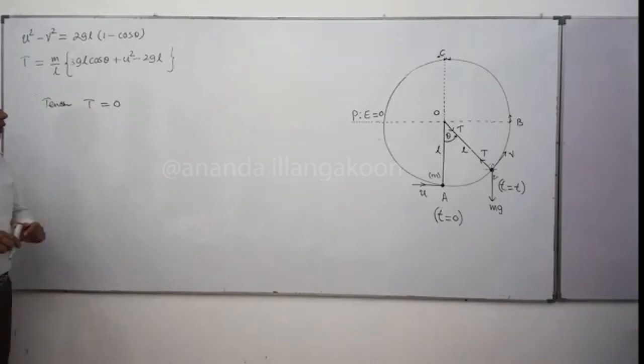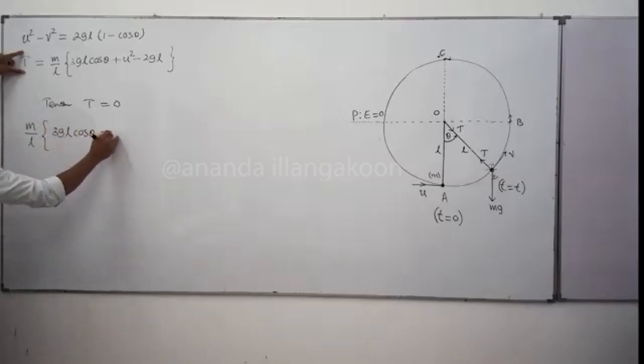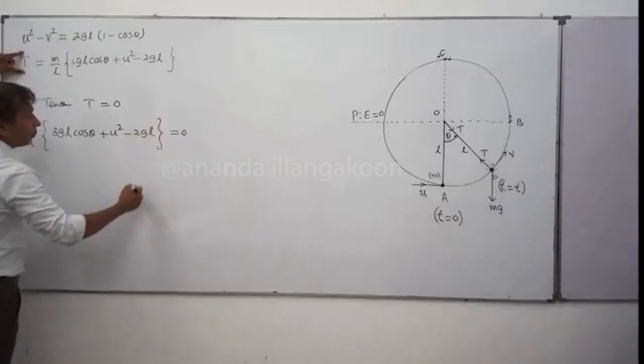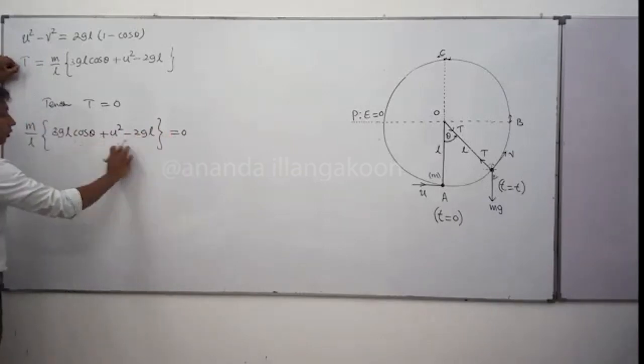Okay. Now we equate this tension T to 0. Then what do you get? M upon L, times 3GL cos theta plus U squared minus 2GL, is equal to 0. This M upon L is not 0, no? So therefore, the product of these being 0, this must be 0.